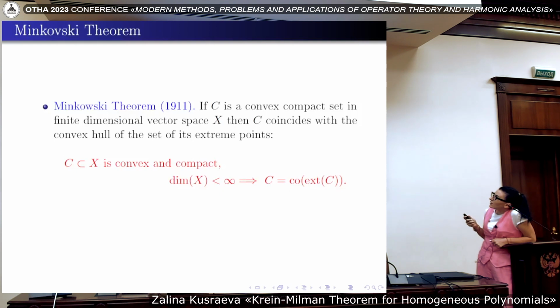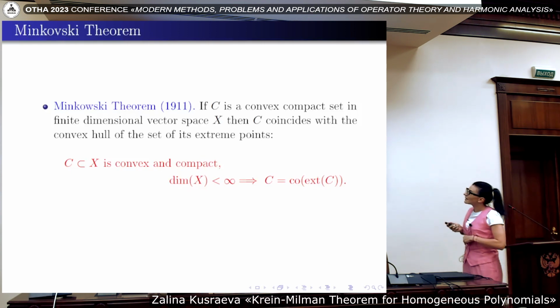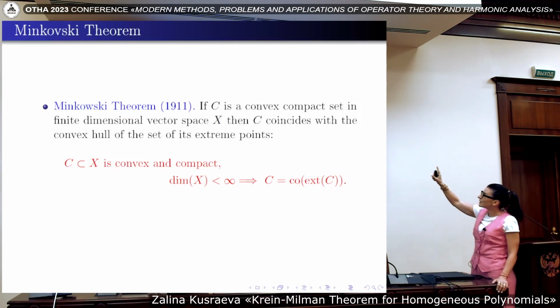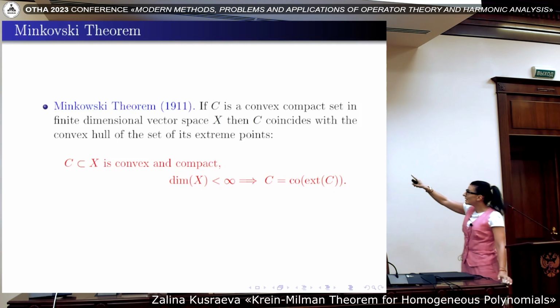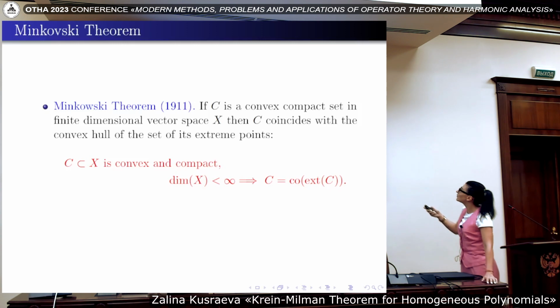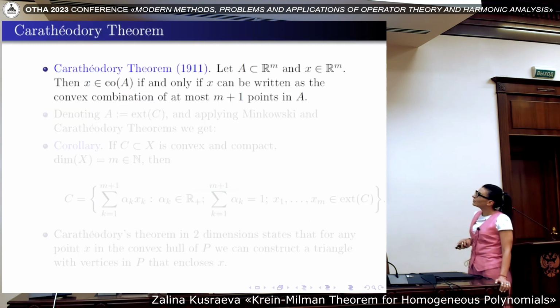The answer was given in 1911 by Minkowski, and this theorem says that if C is a convex compact set, it was given in the finite dimensional case, of course, then C coincides with the convex hull of the set of all extreme points of C. And an essential specification of this theorem was given by Carathéodory also in 1911.